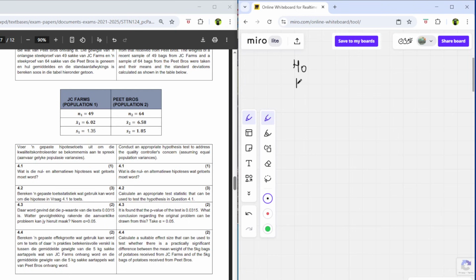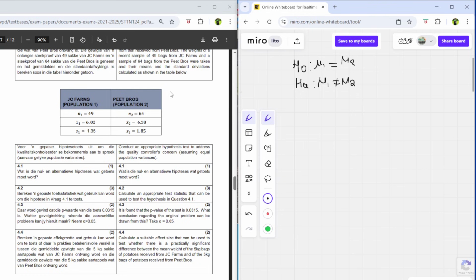H0 and HA as always. H0 is mean 1, representing JC Farms, equal to mean 2. The alternative is mean 1 is not equal to mean 2.